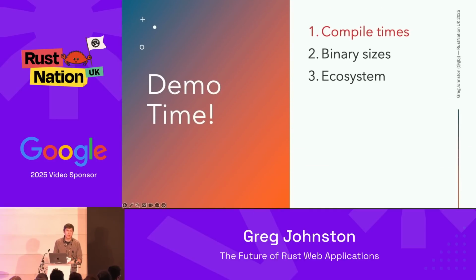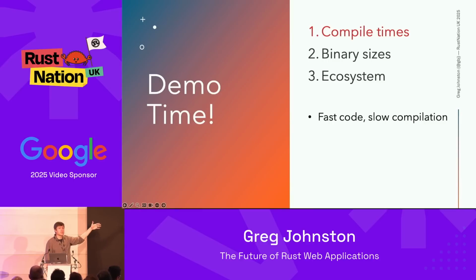So first up is compile times. It's probably obvious what I mean by that, but essentially the Rust code is notorious for producing really fast code relatively slowly. If you compare it to any number of other compiled languages, Rust has really good compiled output, but isn't the zippiest for incremental changes, right?